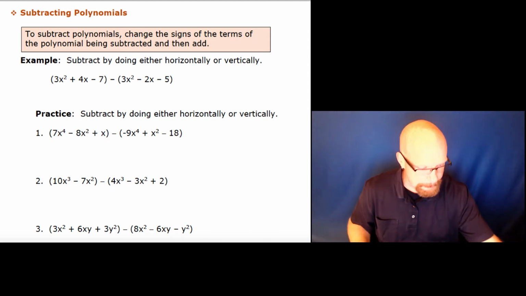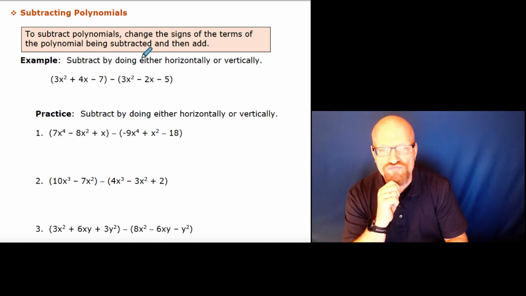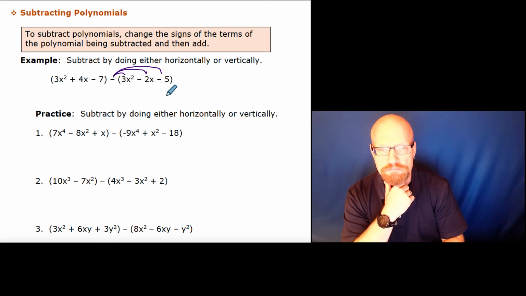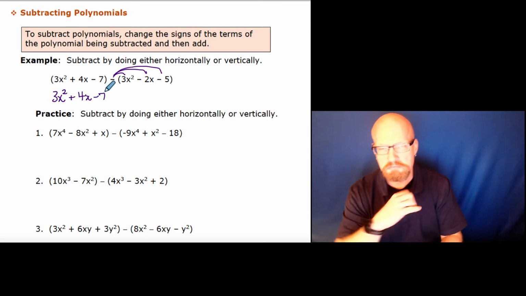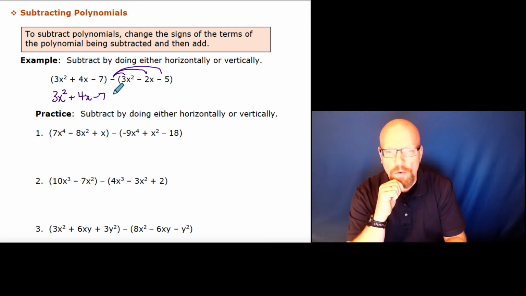Okay. It's the same as the first polynomial.